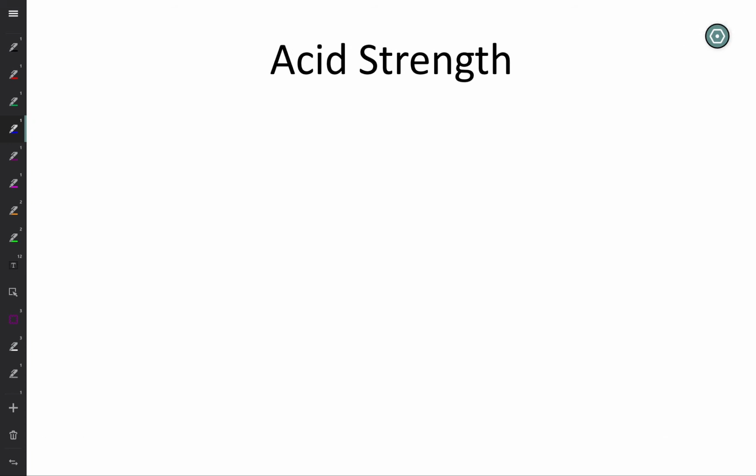So we introduced this idea that we call acid strength, because what we want to do is put acids on a scale from really, really good acids all the way down to really, really bad acids. And we call that acid strength. So acid strength is a measure of how strong an acid is.